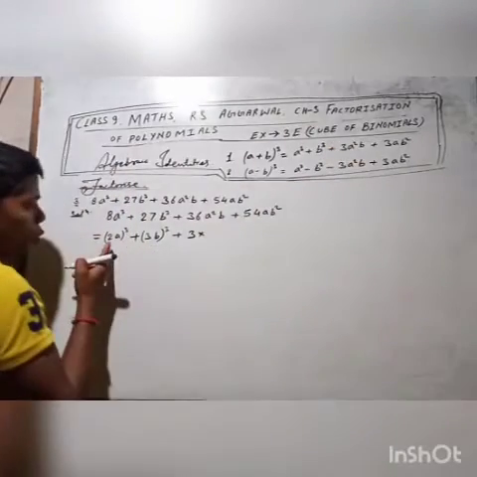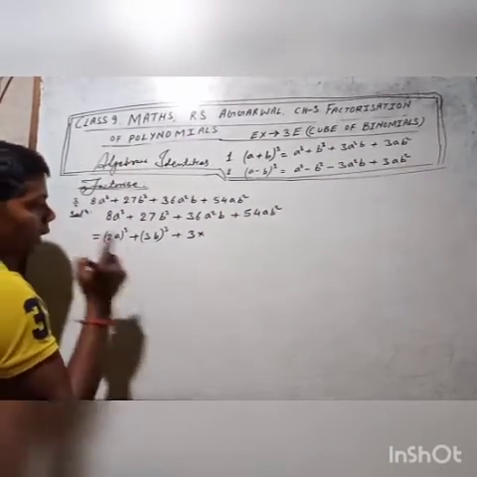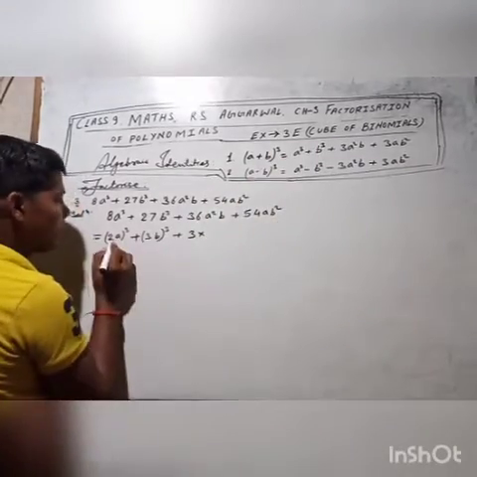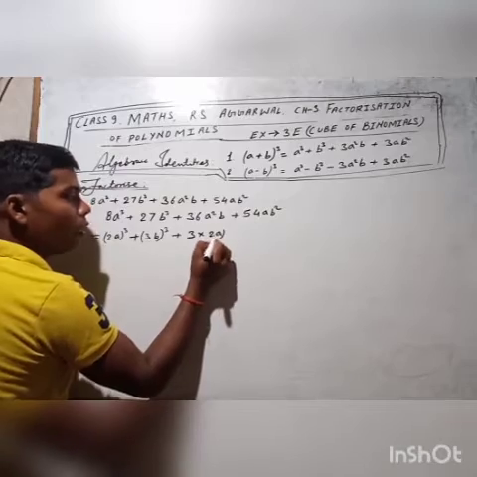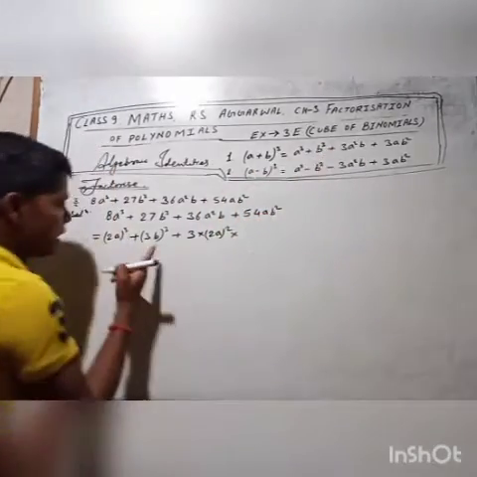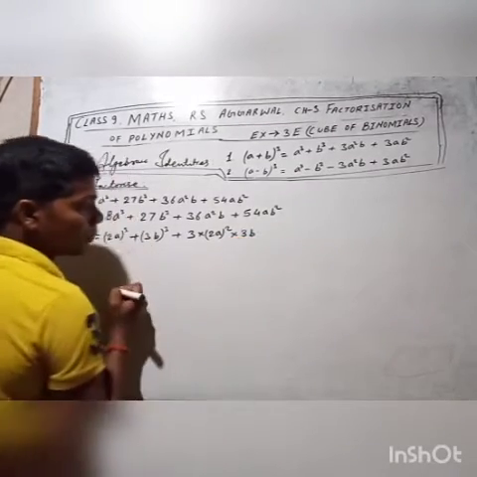So we can write 3a square b. What did you get in place of a? We have got 2a in place of a. So we will write 3 into a square, that means 3 into (2a) whole square into b. In place of b we have 3b, so we shall write 3b.